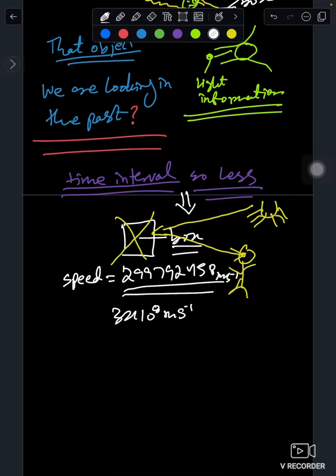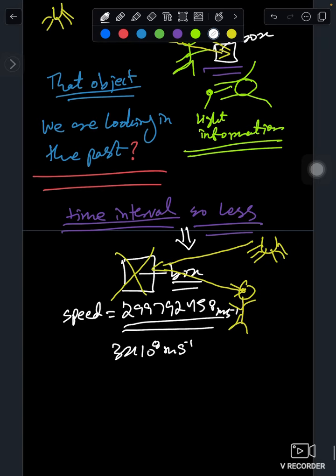Because of the huge speed of light, the time interval between the moment we see that object is reduced, and that reduction makes us think that we are immediately looking at that box, but that's wrong.